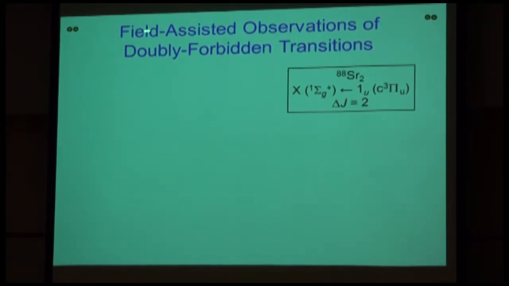Here, I call it the field-assisted doubly forbidden transition. Why doubly forbidden? All of this is a singlet to triplet, right? So these are all forbidden transitions. That's why they're so narrow. But doubly forbidden, in this case, means that delta J, the change of total angular momentum, is 2. For an electric dipole transition, that's forbidden.